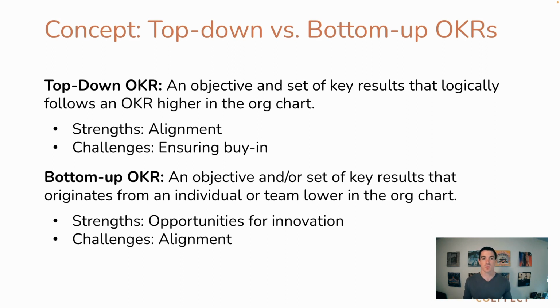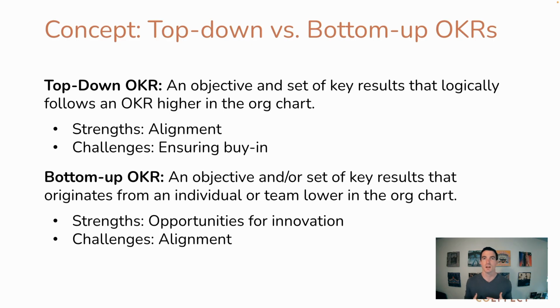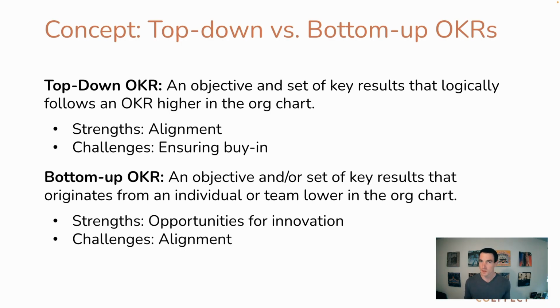So let's contrast this with a bottom-up objective and key result. And this is an objective and or a set of key results that originates from some individual or a team lower down in your organization, sort of based on their own creativity. So this can be a real opportunity for some innovative ideas to come out. And definitely as a leader, you should be open to hearing about potential objectives and key results from your team members.